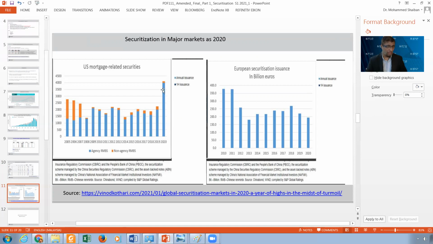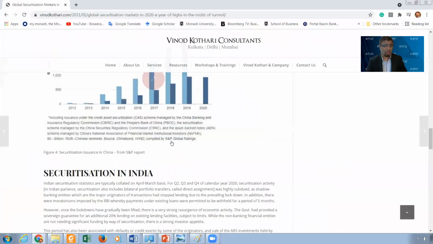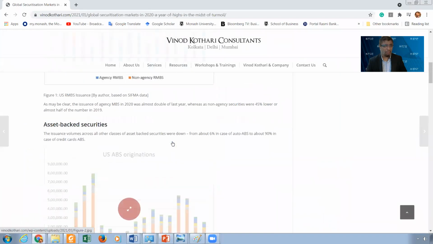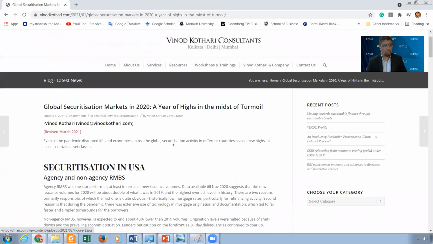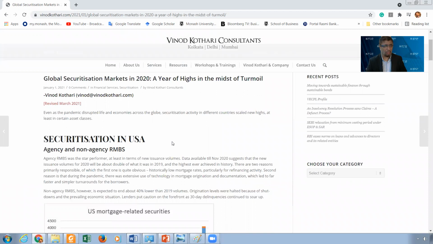This is why it is very high here, but it is also picking up in some other countries. In 2010 it goes down and then it goes up. This is Europe. If you want to look at this, I have the article, and I give you the link. It's a very short one, you're not going to spend a long time.